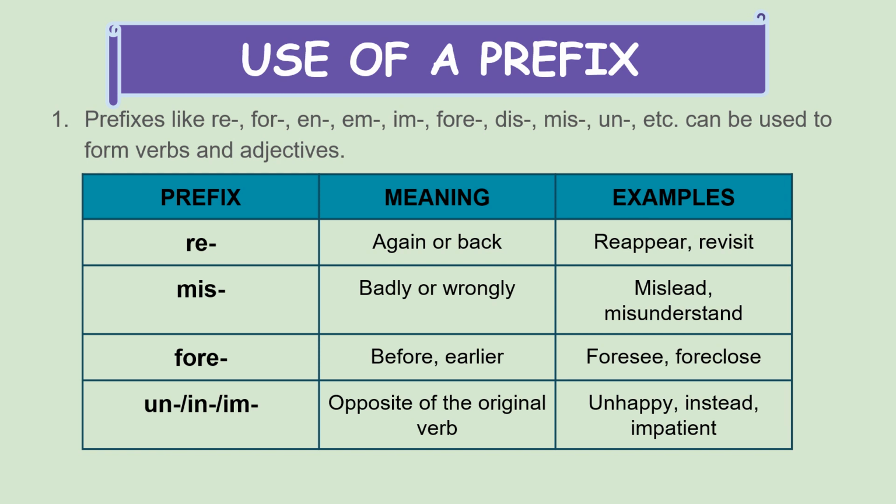And in the same way, when we add un, im, in with some other words, it makes the opposite of the original word. Like happy, when added with un, becomes unhappy. Similarly, insecure and impatient.